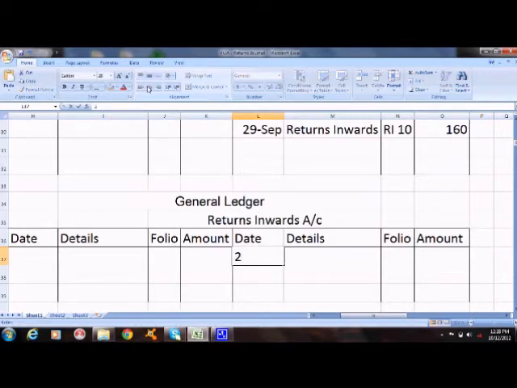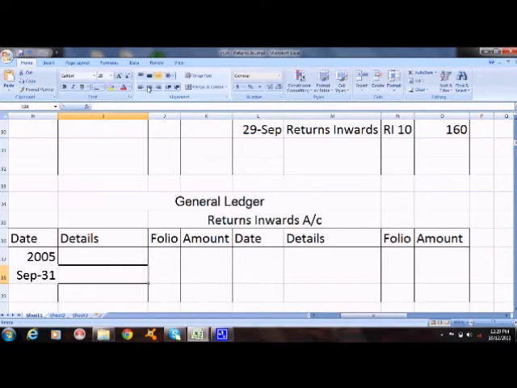The right hand side. 2005 September what? 31st. Sorry, I wrote that one to be over this side. 2005 September 31st. The returns for the month.